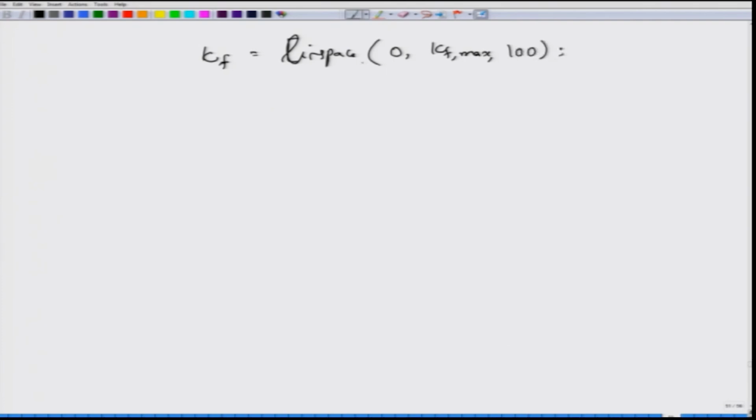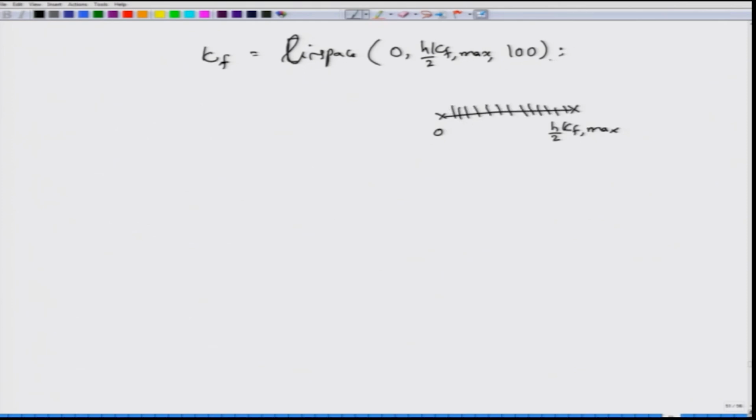So, all that this has done is that it has taken this range from 0 to kappa f max. What you want to do is to multiply this by h by 2, because that is your independent variable. So, you have this range of 0 to h by 2 kappa f max, and in this range you create some 100 points.